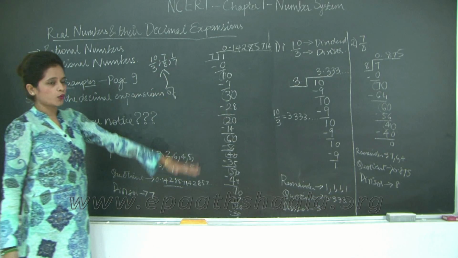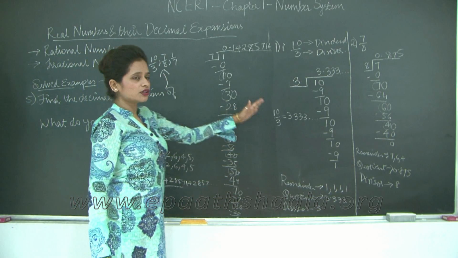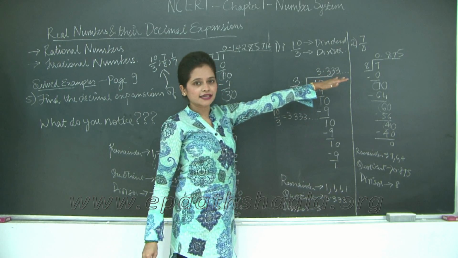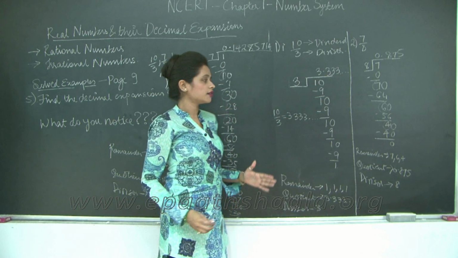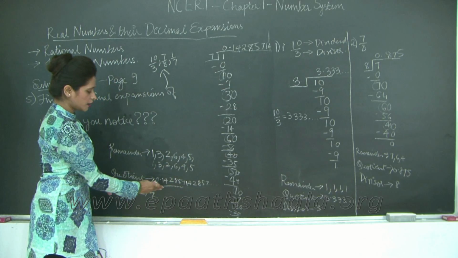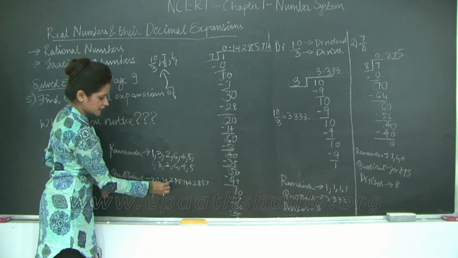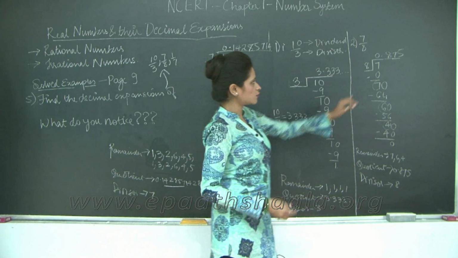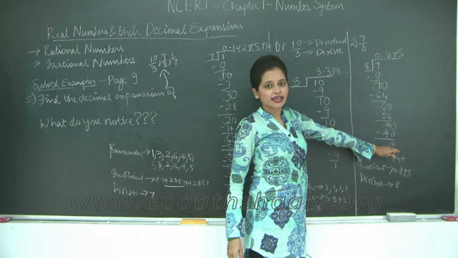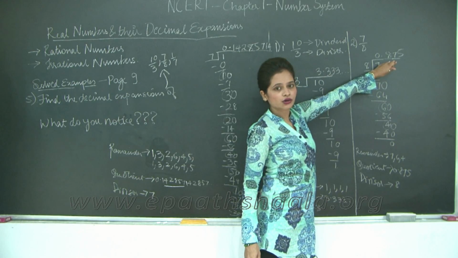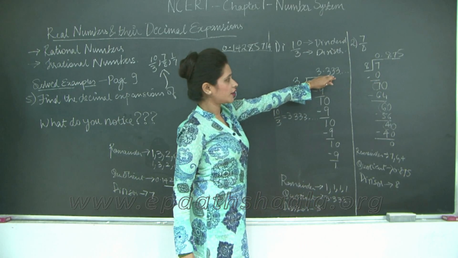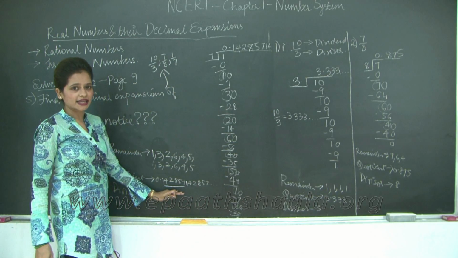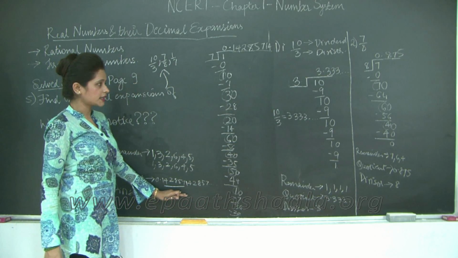So what do you observe? What is your general observation? When you divide rational numbers, the numbers that you get after the decimal, they either terminate or they keep on recurring repeatedly, right? See, this entire sequence is repeating. So you have something that is terminating over here, right? We get a remainder as 0, therefore my quotient is also terminated. Over here I have 3 recurring all the time, and here I have a sequence that is repeating. Recurring is nothing but repeating.